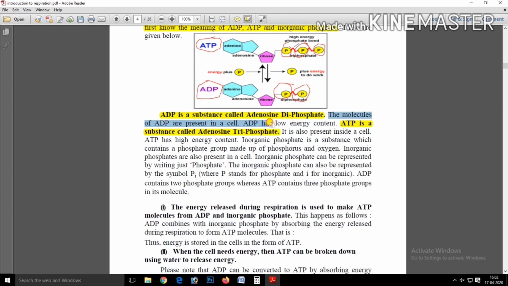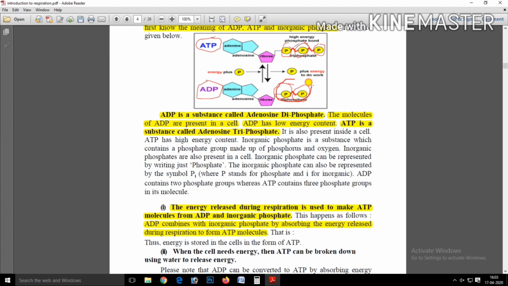Remember that adenosine diphosphate molecules are already present in the cell, and ADP has quite low energy, and when the food gets burned and releases energy in respiration, then this adenosine diphosphate combines with another phosphate group and turns into adenosine triphosphate. That means a much higher energy.